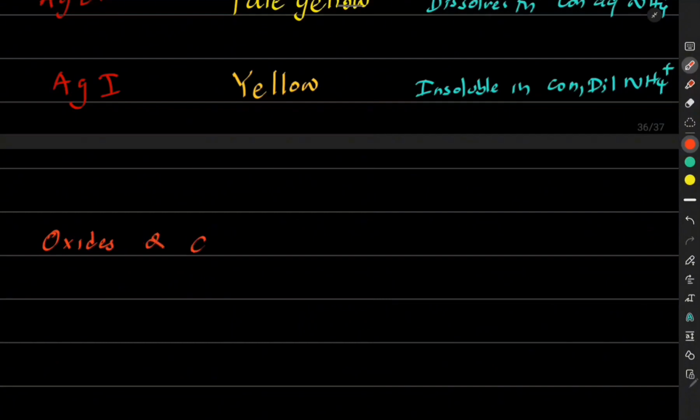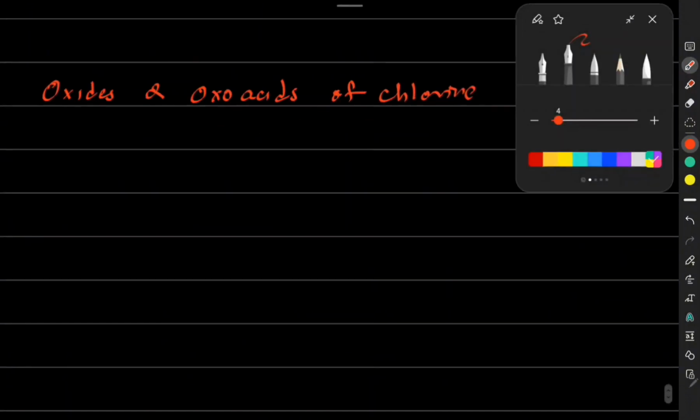Oxides and oxo acids of chlorine. Okay, let's draw a chart.